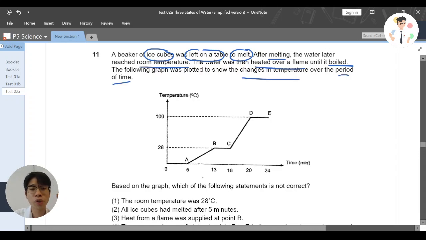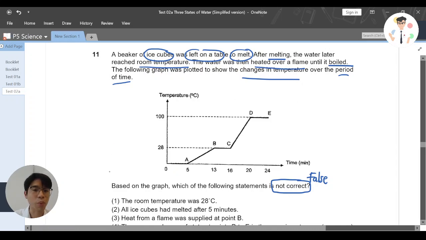Based on the graph, which of the following statements is not correct, meaning false? The first one, the room temperature was 28 degrees Celsius. Is it true? As you can see, the ice melts and increases in temperature, then it maintains, goes up, and maintains.